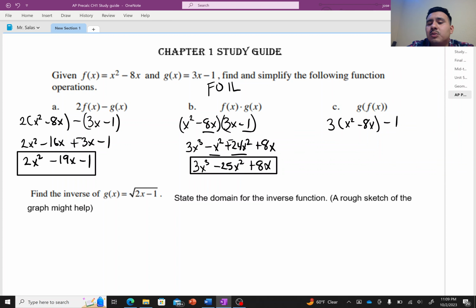The way we simplify this, we're going to distribute the 3. This gives me 3x squared minus 24x minus 1. Now that is as simple as this gets.